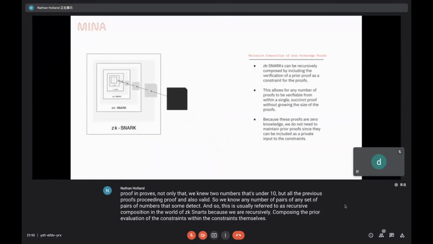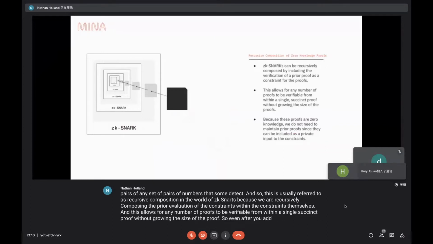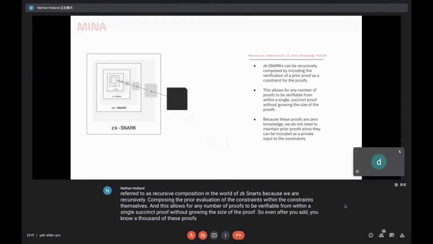This allows for any number of proofs to be verifiable from within a single succinct proof without growing the size of the proof. So even after you add 1,000 of these proofs into each other, the final proof that you have at the end is still that same succinct, few hundred bytes value.